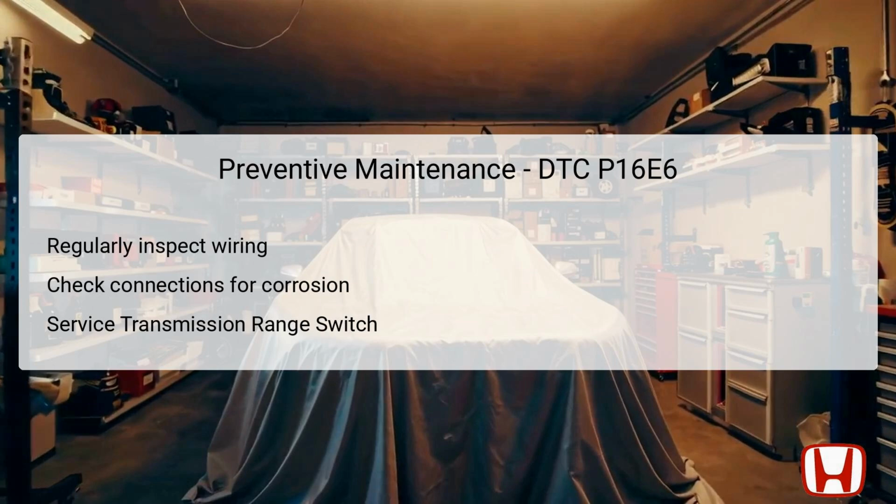Regularly inspecting the wiring harness for any signs of wear, fraying, or damage is essential to prevent short circuits and disconnections. Visual inspections can help catch potential issues before they escalate into expensive repairs. Additionally, checking all electrical connections for corrosion can significantly enhance reliability, as corroded terminals can lead to weak signals or intermittent failures.